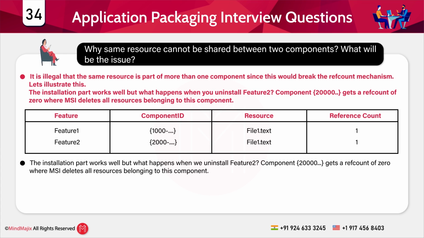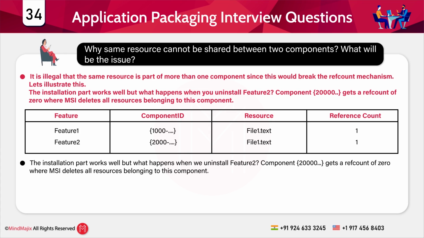Let's illustrate this with an example where the installation part works well, but what happens when we uninstall feature 2? We have defined two features here, feature 1 and feature 2. Their component IDs will have two values, 1000 and 2000, but the resource will be the same, file1.txt, for feature 1 and for feature 2 also.